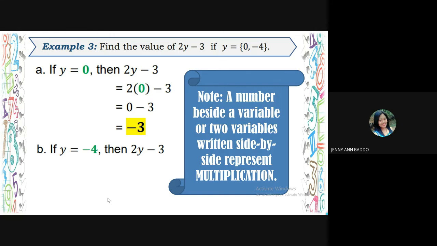For b, y equals negative 4, we have 2 times negative 4 minus 3. 2 times negative 4, different signs and multiplication, so we have negative 8 minus 3. It's negative 11.